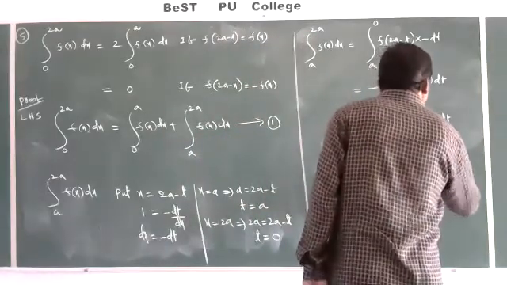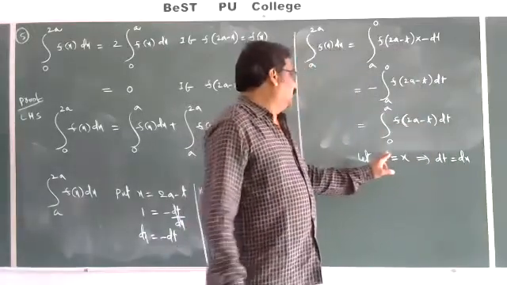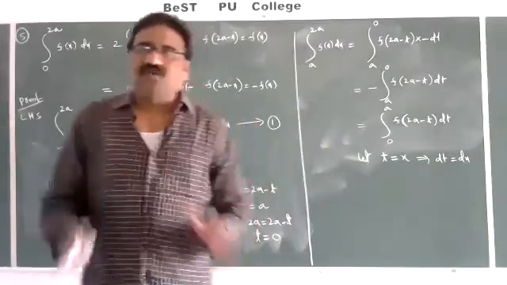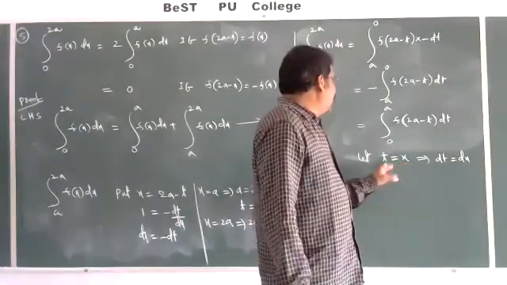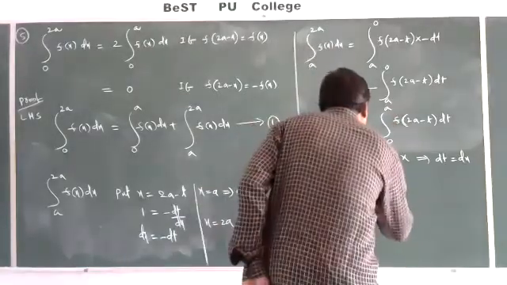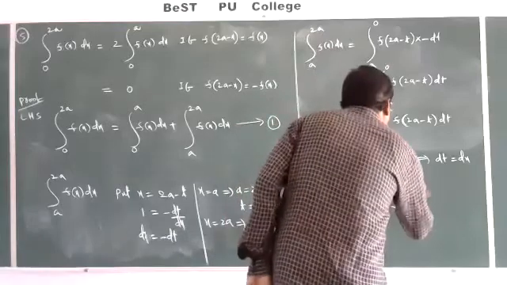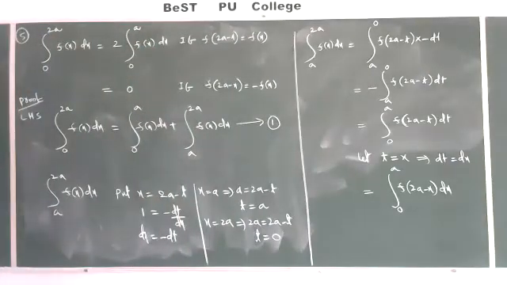Then dt is equal to dx automatically, since the derivative of t with respect to x is 1. So the limits should not change: lower limit 0 gives x is equal to 0, upper limit a gives x is equal to a. Then you get again integral 0 to a f(2a minus x) dx.